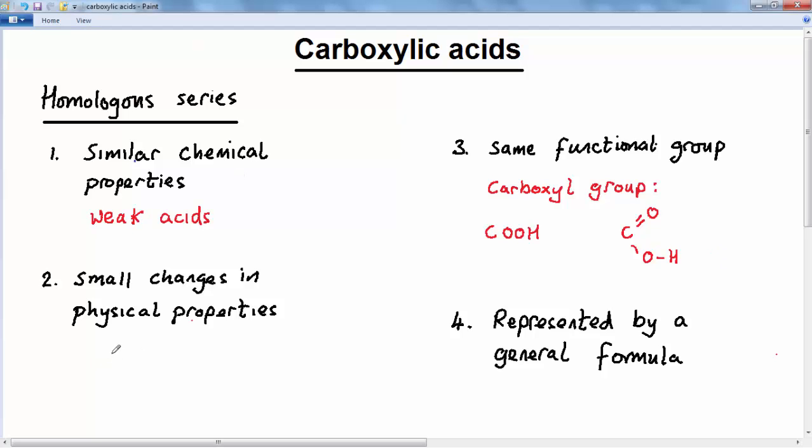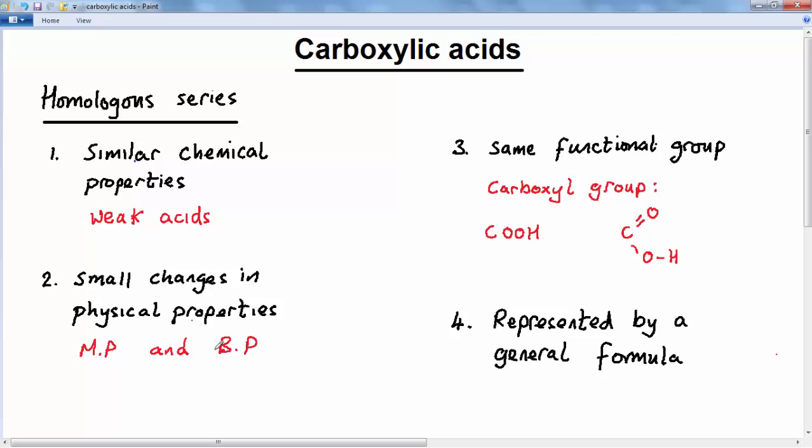And the next important point with regard to a homologous series is that the members of the series all possess similar physical properties. So as we move down that series, there are small changes in the physical properties of each member. So for example, they have similar melting points and boiling points.